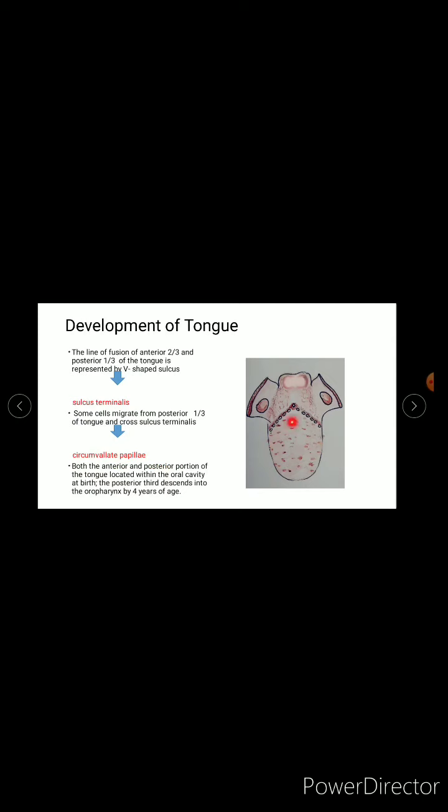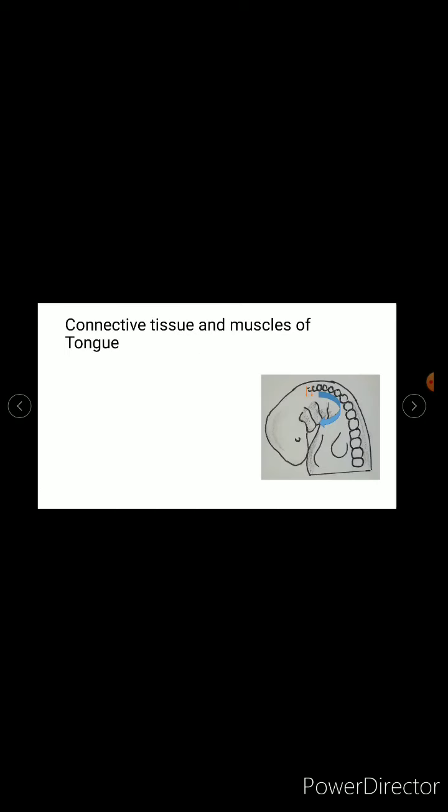Both the anterior and posterior portions of the tongue are located within the oral cavity at birth. The posterior third descends into the oropharynx by 4 years of age.